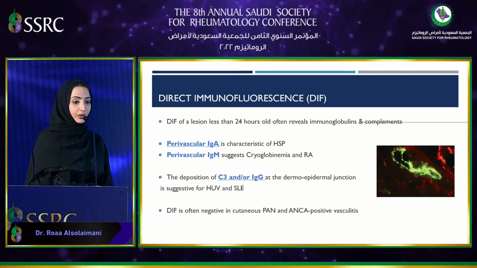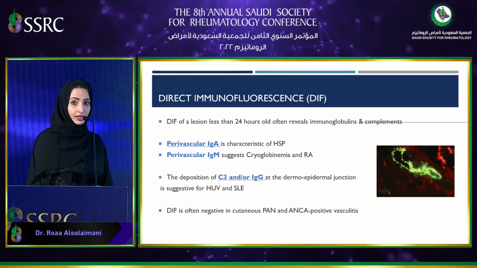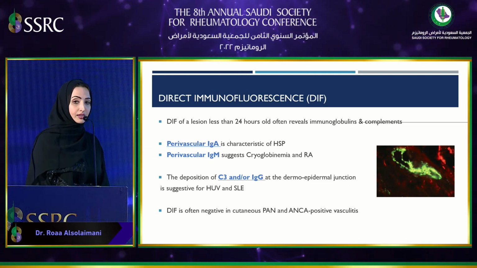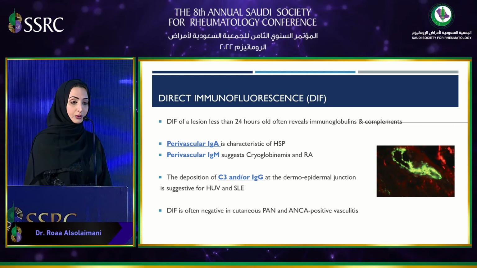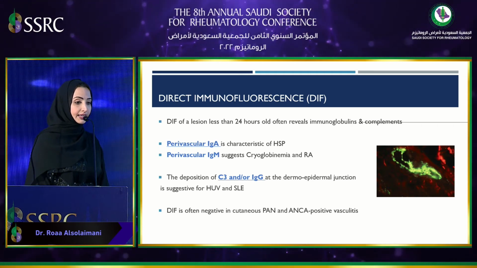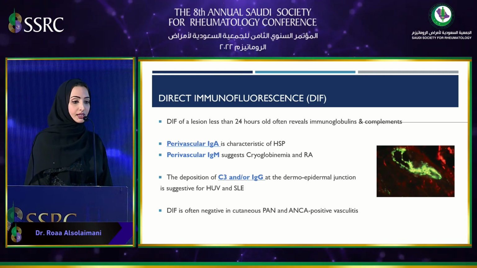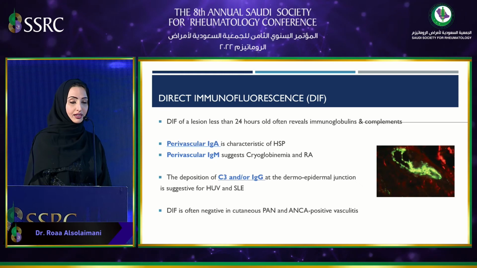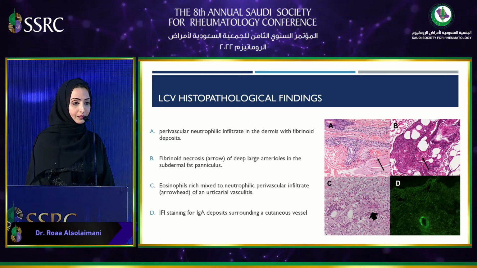So how is immunofluorescence testing important? The presence of perivascular IgA is consistent with HSP, whereas the presence of IgM is mainly consistent with rheumatoid arthritis and cryoglobulinemia. C3 and IgG deposition, like in this image shown, is consistent with lupus. Polyarthritis nodosa and ANCA vasculitis typically have a negative immunofluorescence.